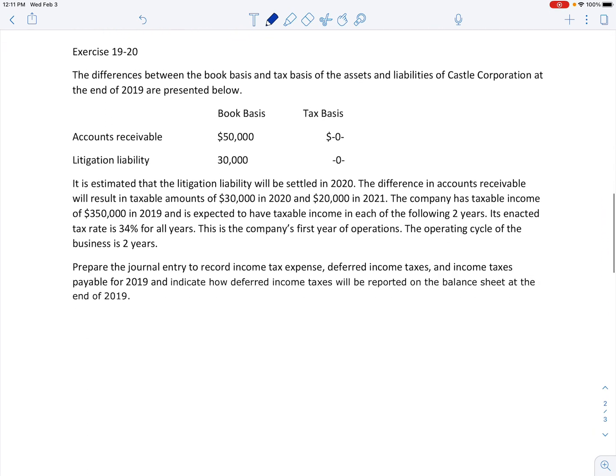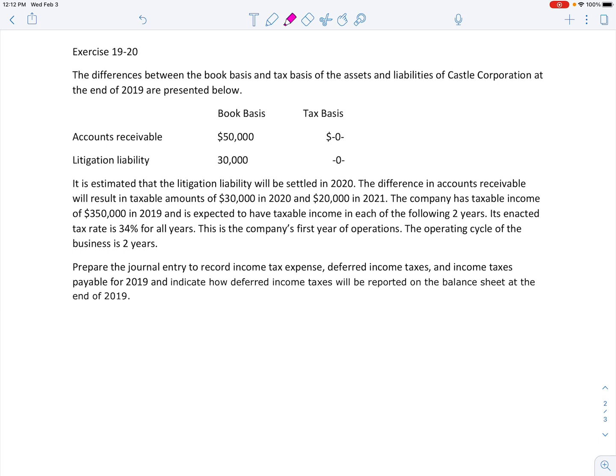So let's go ahead and walk through one of these homework problems that shows you the deferred tax asset and deferred tax liability, puts it in a journal entry, and then asks you to also show it in your balance sheet. So, again, a lot of words, take it piece by piece.